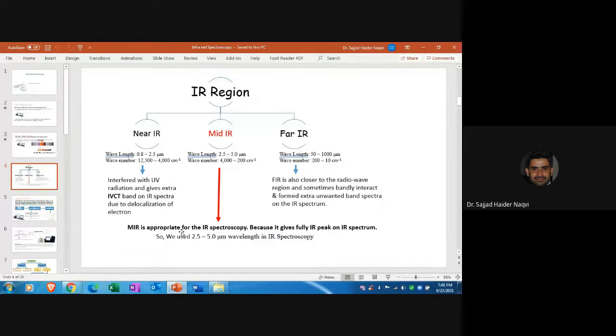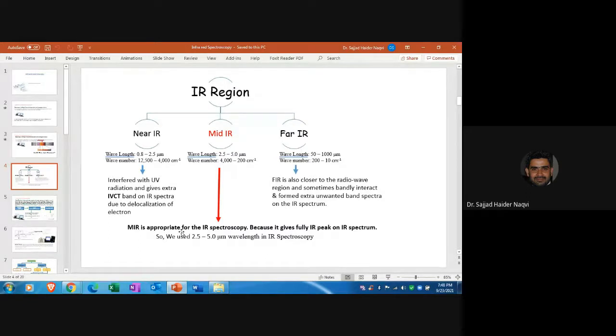So in case of the near IR and far IR, they are either so close to UV or so close to the radio wave on either side, and that's why they sometimes interact and form extra unwanted spectra, which may interfere with our molecule of interest.